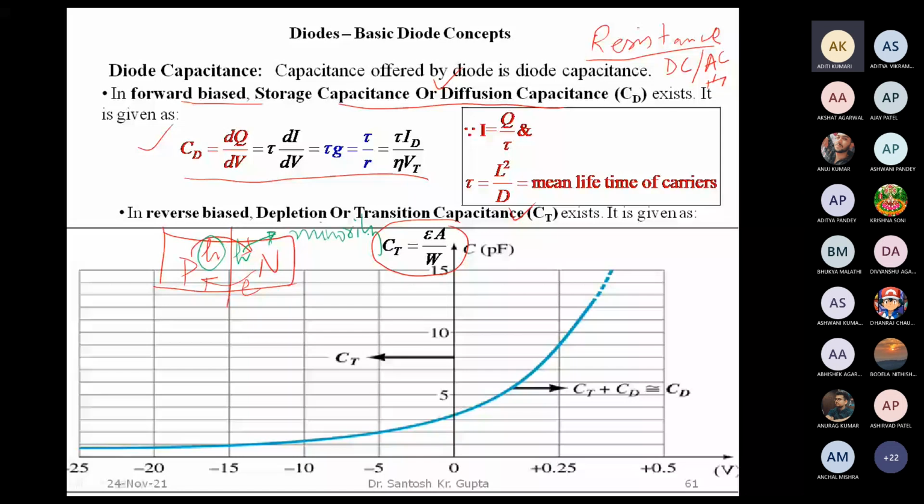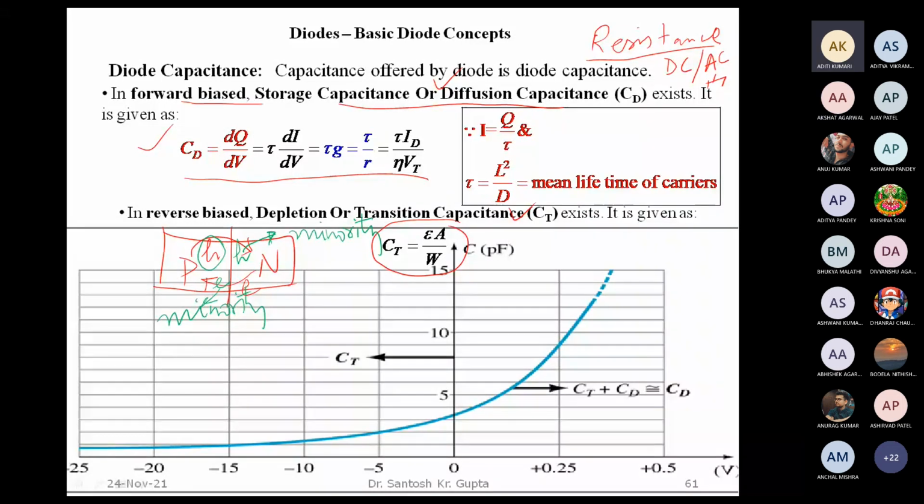Similarly, the electrons from the N side, if they enter the P region, are also minority charge carriers in the P type. So the injected electrons and holes behave as minority charge carriers, and they diffuse because of the concentration gradient, which we qualitatively tried to understand in the last lecture.